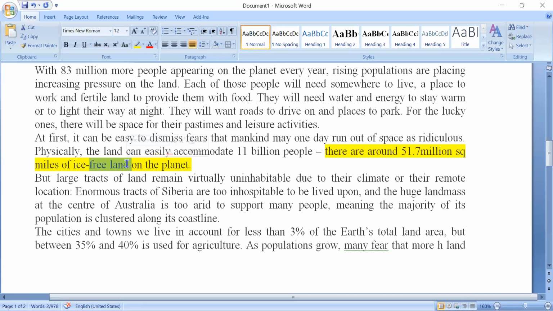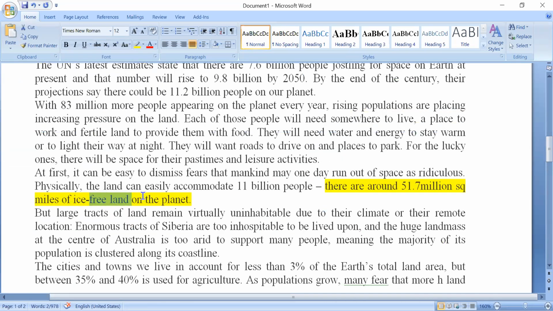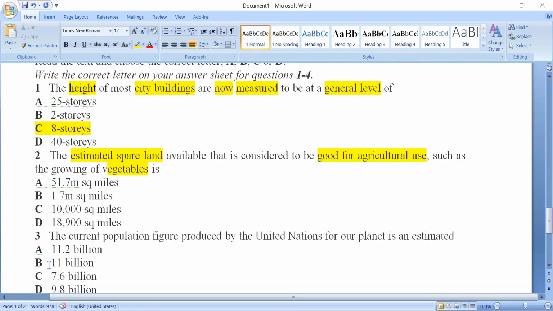So the words are actually synonymous, but it can sometimes hamper your score if you are not good enough to guess synonyms. Okay, so the answer is this one.